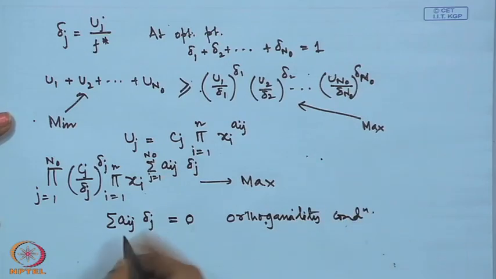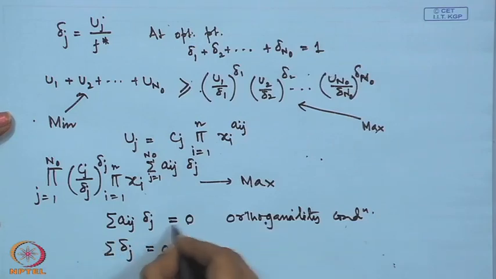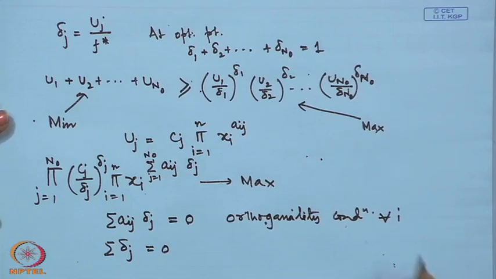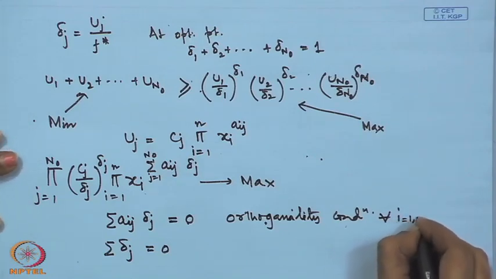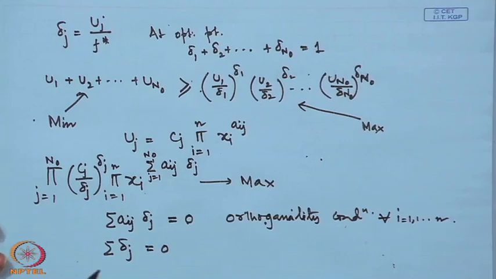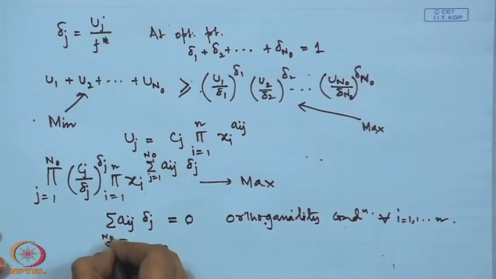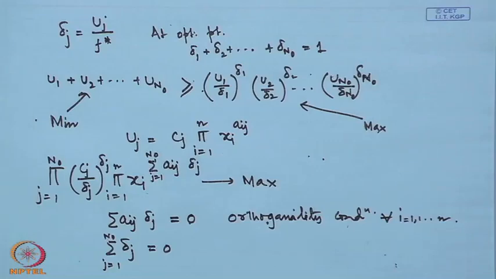And we have the normality condition, as we have developed, summation of delta j is equal to 1. This is true for all i equal to 1 to n, where n is the number of decision variables, and j running from 1 to n naught, here also the same. That is the way we are considering the objective function.